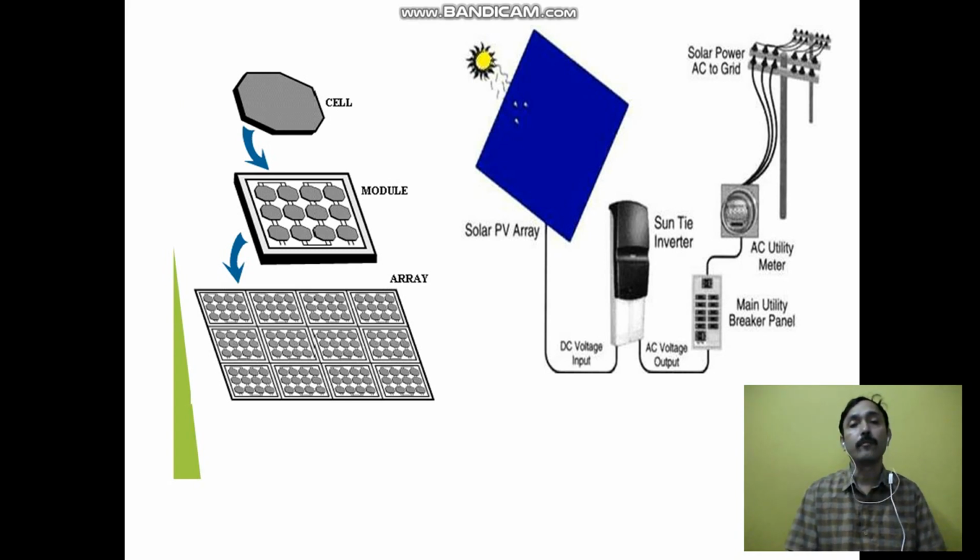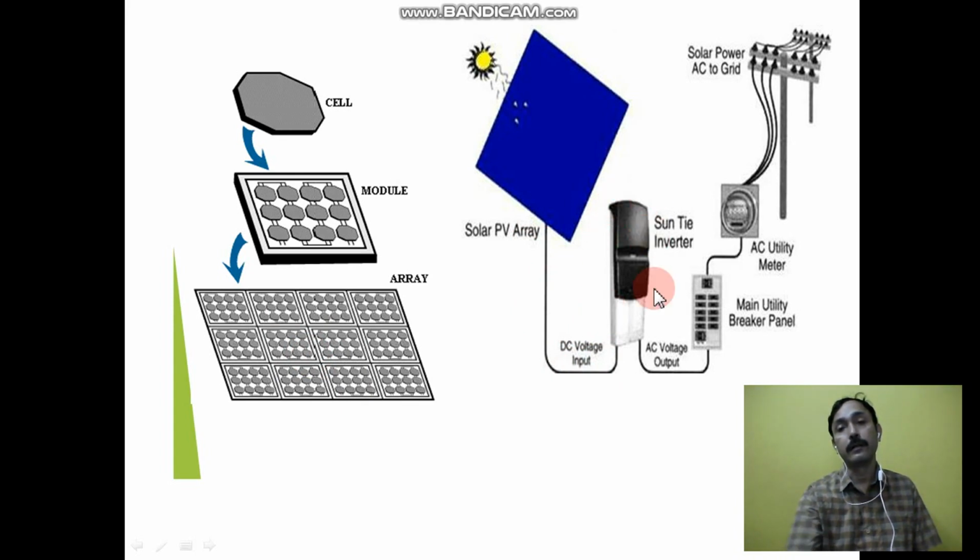Here, sunlight is falling on a solar PV array. This is the solar cell. This is the module on which the glass plate, the glass lens, is there. So light is converging and made to fall onto this array. This is the solar PV array, and it looks like this. The current that is produced is the DC input voltage.